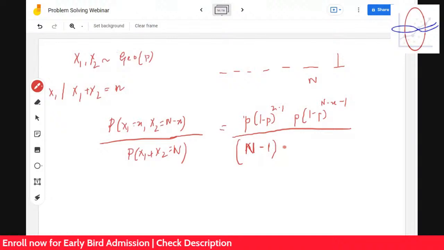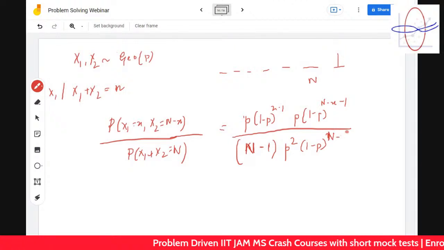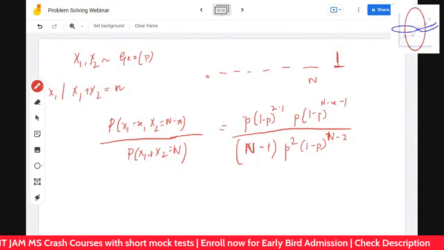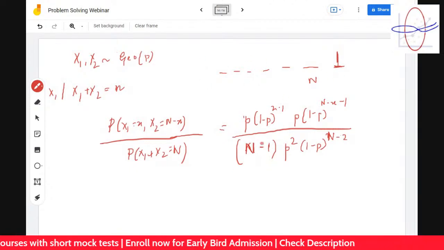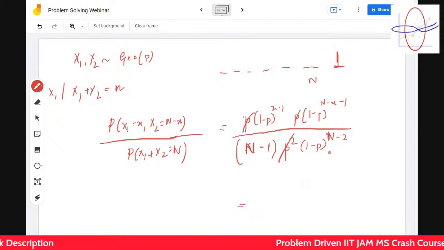Then n minus 1 into p square into 1 minus p whole to the power n minus 2. So the last success is happening over here, and the first success can happen anywhere in the n minus 1 places. So n minus 1 choose one, which is n minus 1. And this, you can understand p square gets cancelled, and it turns out to be 1 by n minus 1.